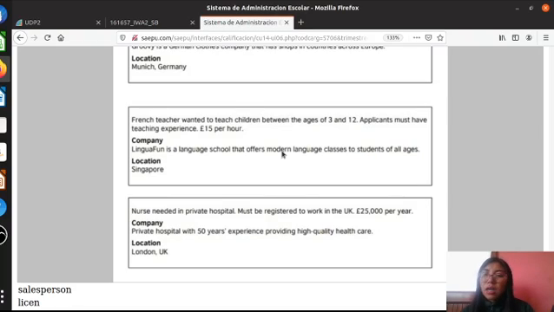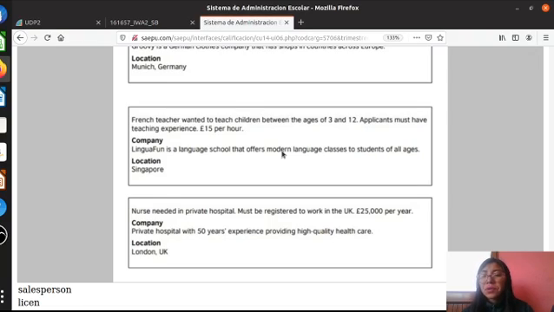Company Like One Fund is a language school that offers modern language classes to students of all ages. Location, Singapore. Nurse needed in private hospital. Must be registered to work in the UK. 25,000 euros per year. Company, private hospital with 50 years experience providing high quality health care.